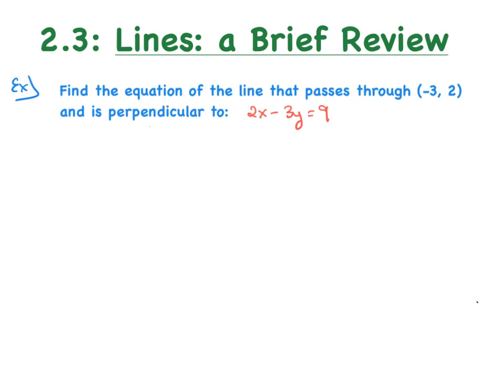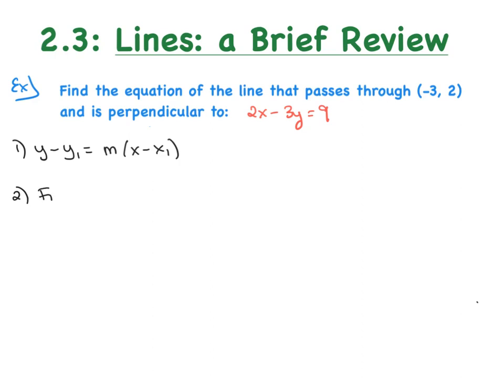In this example, we'll find the equation of the line that passes through the point (-3, 2) and is perpendicular to the line 2x minus 3y equals 9. The first thing we want to do is start with our general equation, point-slope form of a line, y minus y1 equals m times the quantity x minus x1.